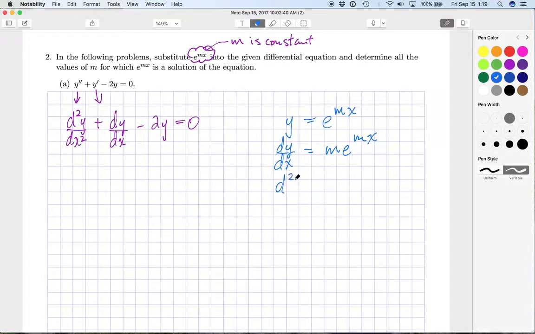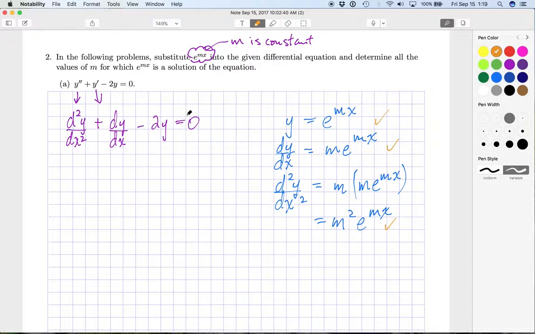The second derivative, d2y by dx squared, will be m times the derivative of the e to the mx again. Well, the e to the mx, once again, is m e to the mx. And so now what do we have? We have m squared e to the mx.